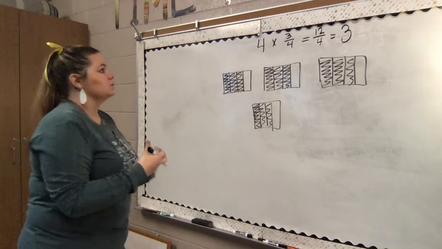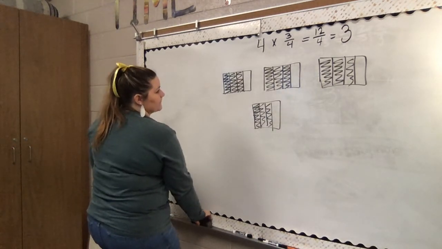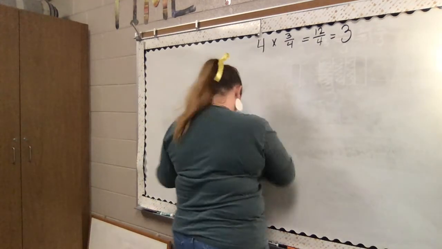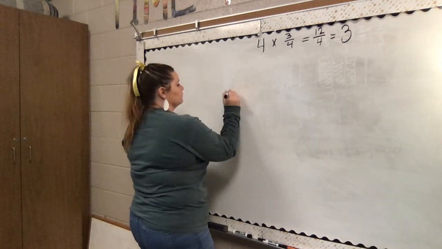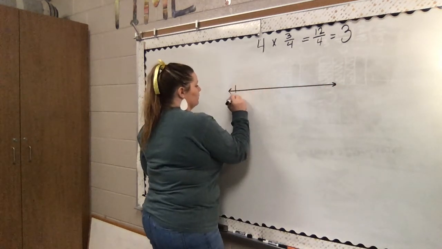Now let's look at it on a number line. I'm going to partition each whole into fourths.